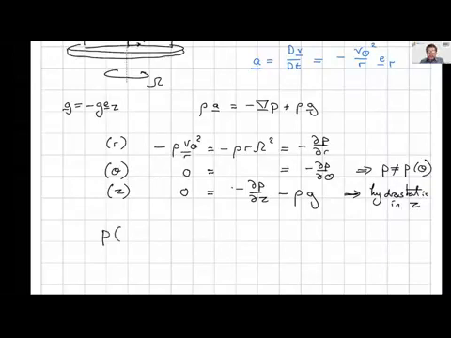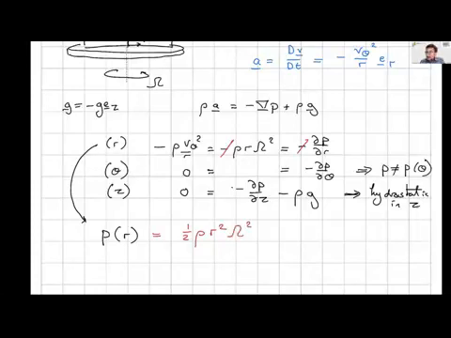Certainly from integrating the first expression, when I integrate this one, we'll find that dp/dr is going like rho times r times omega squared. The minus signs will cancel here when I do the integration. So I should expect that this goes like 1/2 rho r squared times omega squared. And normally we'd think that we'd get a constant of integration, but of course, since we're integrating a partial differential equation, we really should think that this should be plus some function of z.